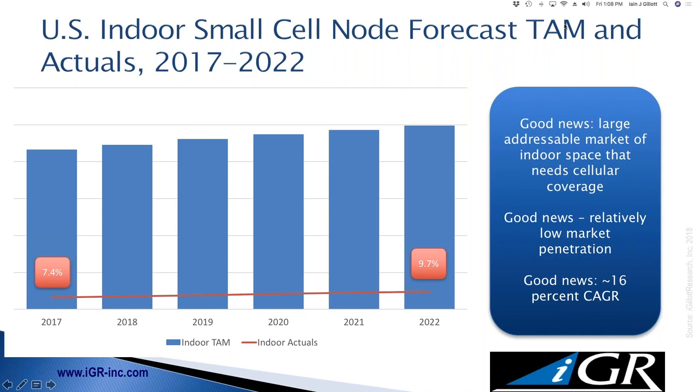So the blue line basically says, hey, if we provide coverage in all the commercial spaces in the United States that have poor coverage today, and not all do, but the majority do, then that's the blue line. And you can see it increases steadily over the next 5-6 years. The reason it increases, of course, is because we're building more buildings.